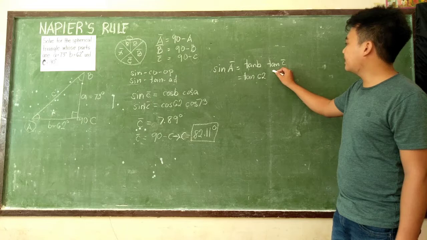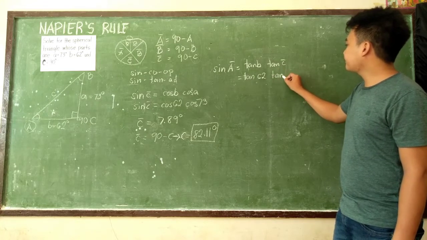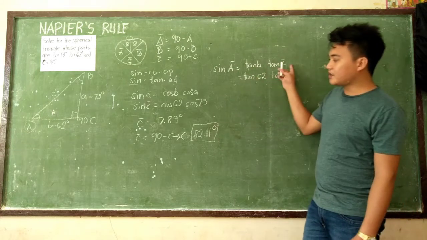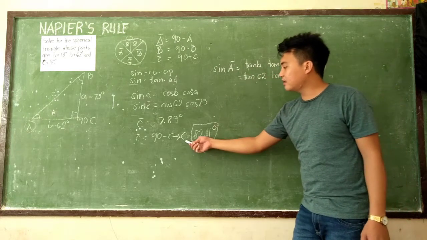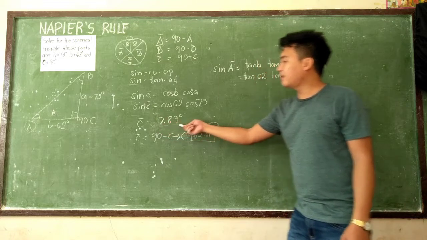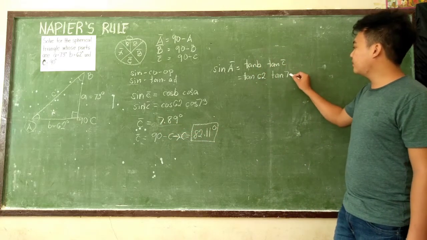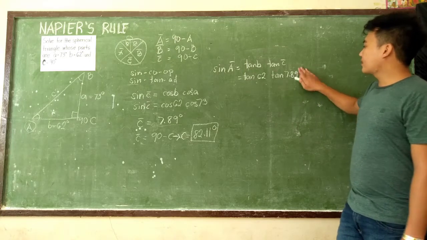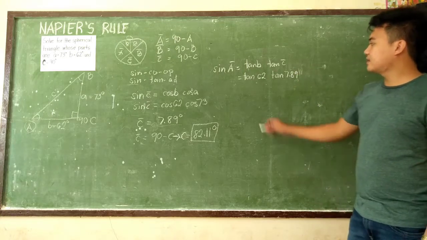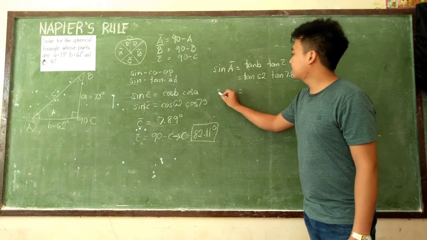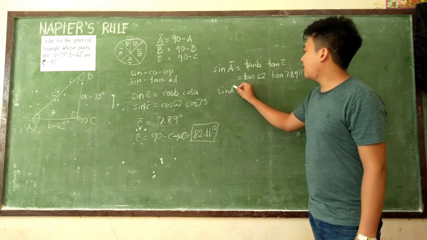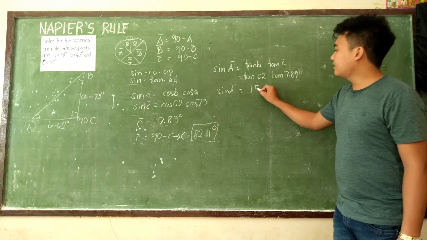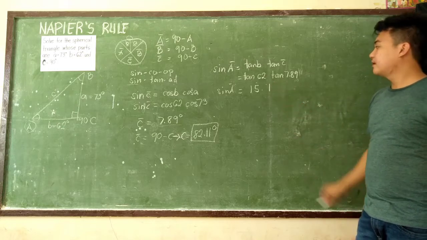So tan 62, then tan C bar. So at this time this is C bar, not yet the C. So we must put the value of C bar as 7.89 degrees. Okay, so then simplify. So sine A bar is equal to 15.1 degrees.